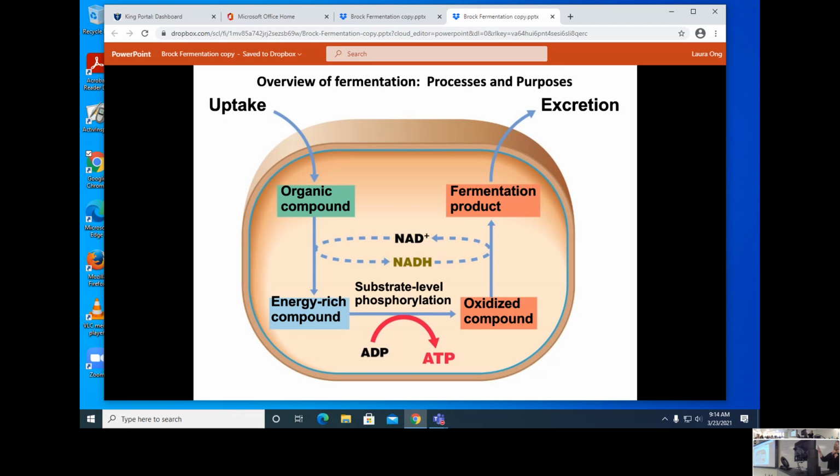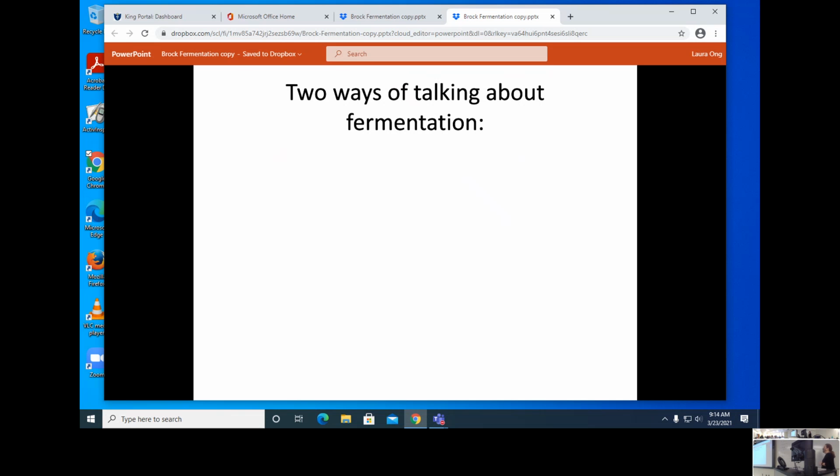So when we talk about fermentation, the way we describe it can be two different ways, and this can be confusing. Fermentation can be described either by what's being fermented. So way number one, you can describe it as what's being used as starting material.